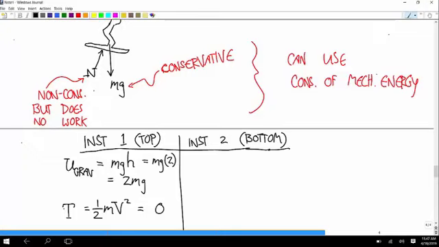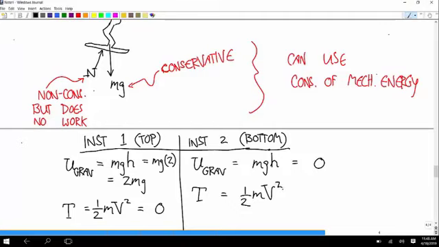And then at instant 2, the gravitational potential energy is mgh. This time, what's h? 0. The kinetic energy is 1/2 mv squared.